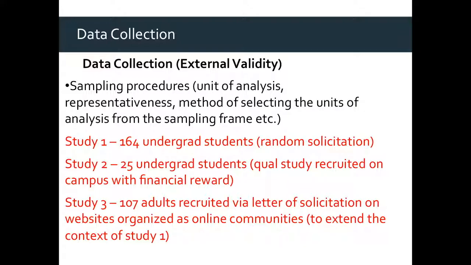So data collection, very nicely and clearly laid out as to how the author sampled, how he created his sample, what his sampling frame was.